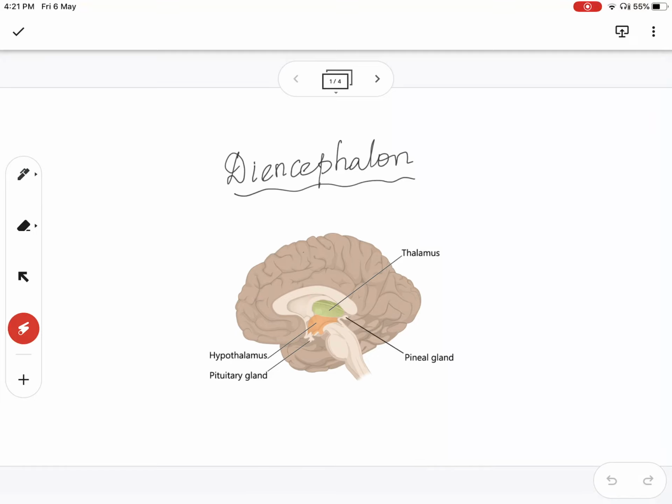Now where is epithalamus located? Here. This is the epithalamus region, the one which I am highlighting over here. This epithalamus is present on the roof of the diencephalon. Now since we are calling this diencephalon, the upper part, that is the anterior portion or the roof of it, is called epithalamus. Here in the epithalamus region, you will come across a specific endocrine structure that is called pineal gland or pineal body.